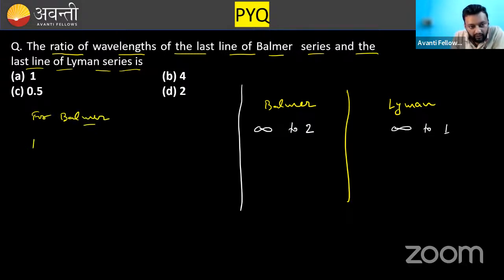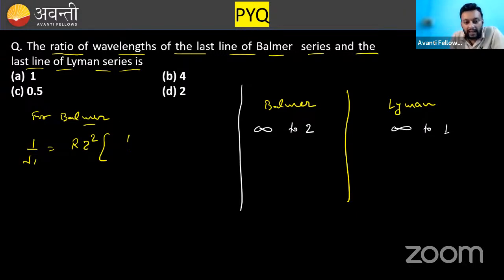If I write 1 by lambda 1 is equals to, what is the formula? RZ square into 1 by N1 square minus 1 by N2 square. N1 was the lower orbit. Option B, someone is saying, I think who is saying? Gauri. Very good.